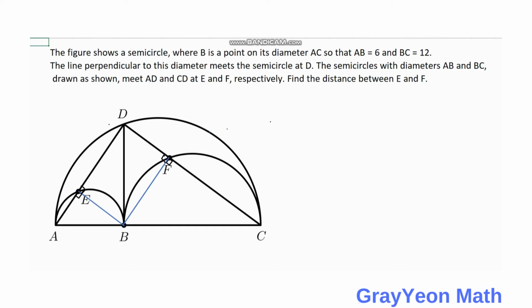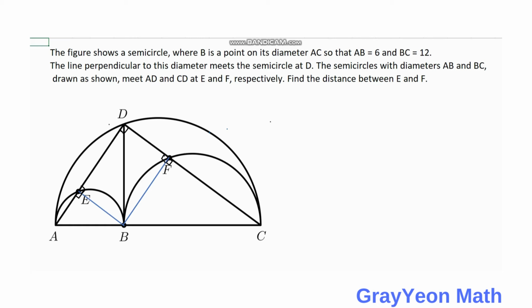And the same with the angle at D, because of Thales theorem since it is a triangle inside a semicircle. With that, we actually have three right angles, and we form a quadrilateral EBFD.